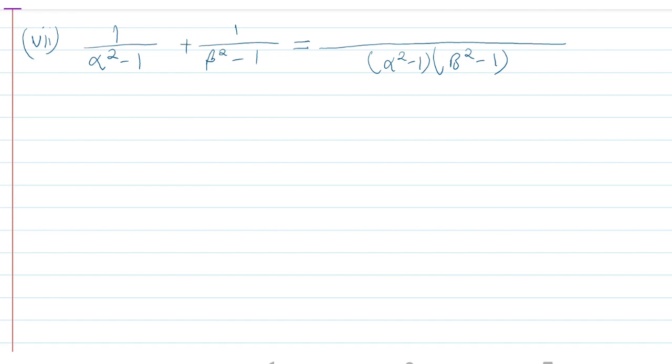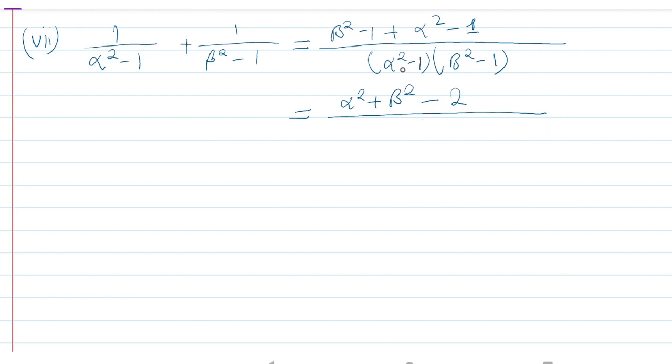If we take the division, in the numerator we have beta squared minus 1 plus alpha squared minus 1. Now this is alpha squared plus beta squared minus 2, everything over the denominator.